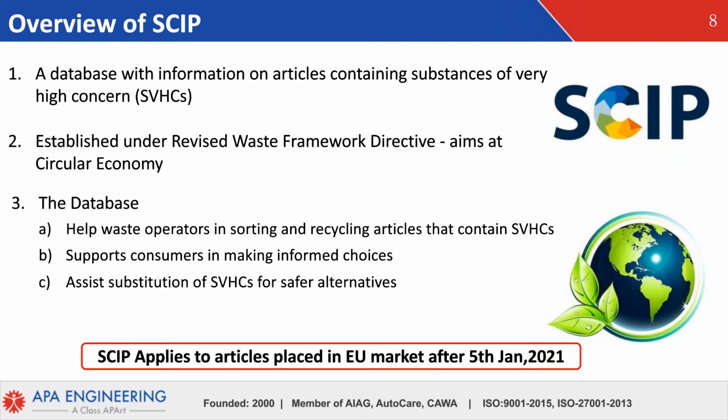And also it can help in looking for alternatives to SVHCs and finding better and safer ways to produce the same articles. Note that the SCIP database was officially launched on January 5th, 2021, that's this year, and it was for the EU market, any products within the EU market. Next slide.